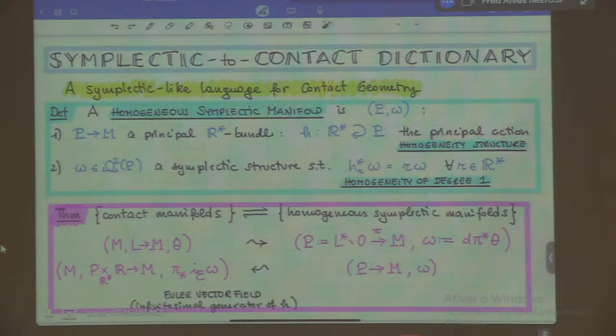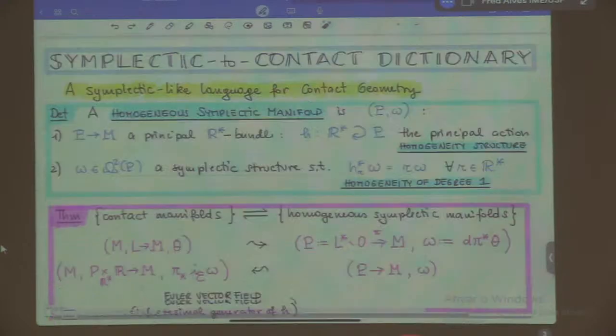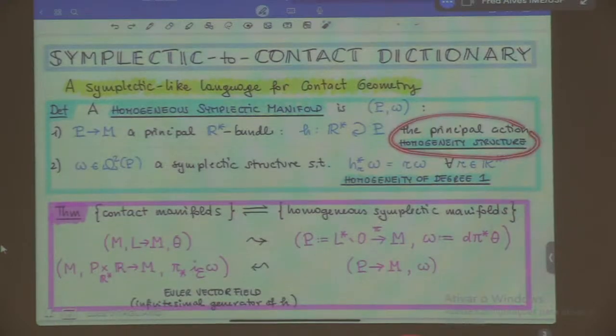And now a homogeneous symplectic manifold is just the principal bundle with additionally a symplectic structure on its total space, which is homogeneous of degree 1 with respect to the homogeneity structure.